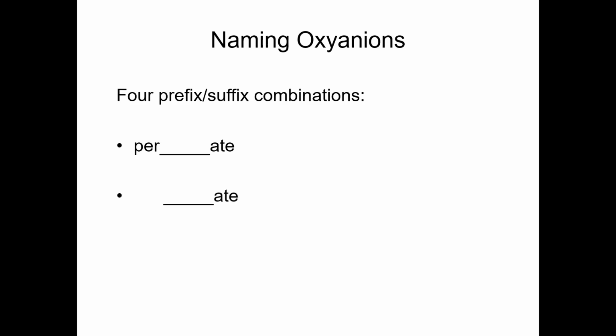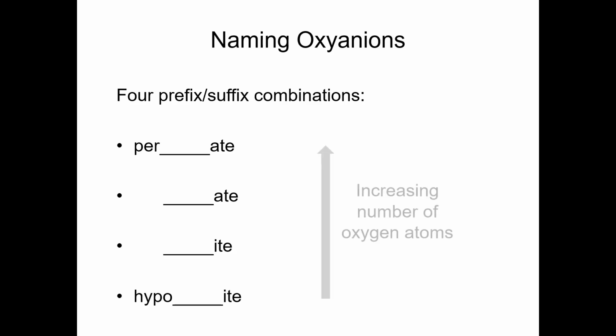One fewer oxygen would be blank-ate, and then blank-ite, and then hypo-blank-ite. This may seem a little confusing right now, but when I put it into practice, you'll see what I'm talking about. There are increasing numbers of oxygen atoms in the oxyanion.